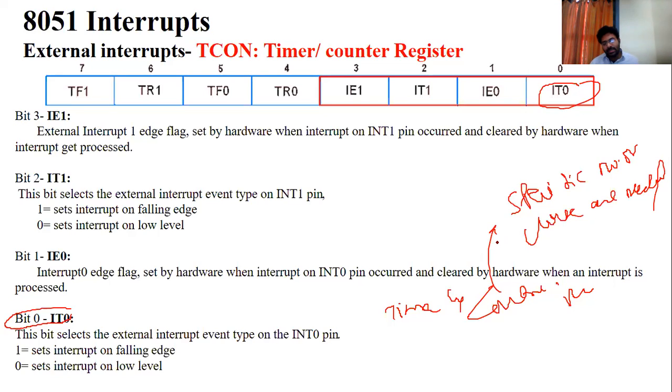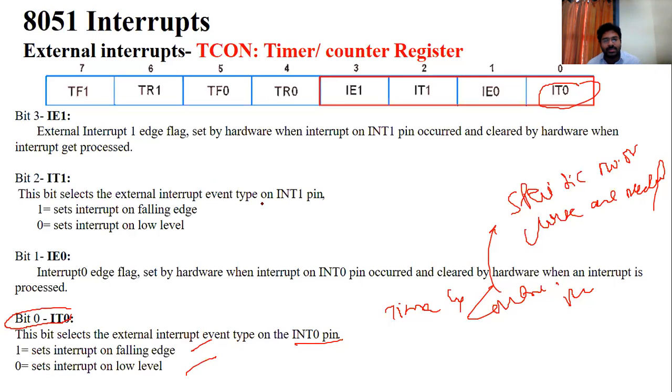You can see this thoroughly in the timer and counter topic, but see this here. Whenever you are working with or accessing these interrupts, see this INT 0 pin, this is the falling edge as well as the low level.